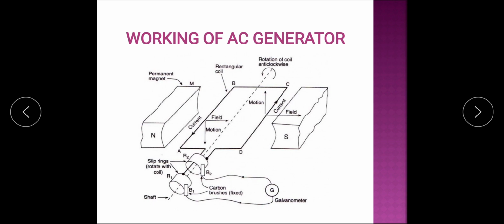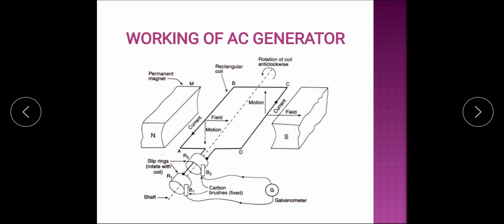Students, after half rotation, arm AB will come at the place of arm CD, and arm CD will occupy the position of arm AB. Now what is going to happen? Arm AB, which was earlier pushed in the downward direction, will be pushed in the upward direction.